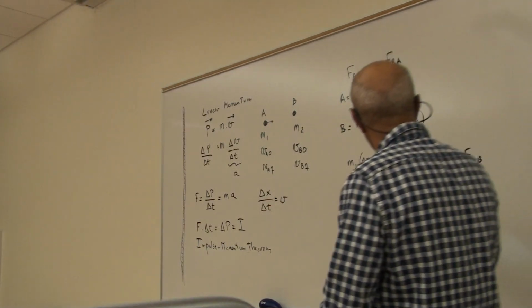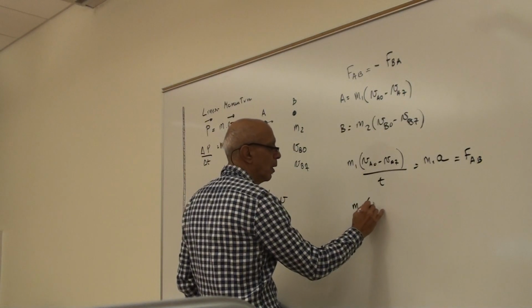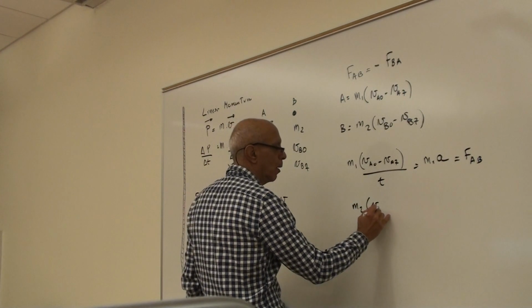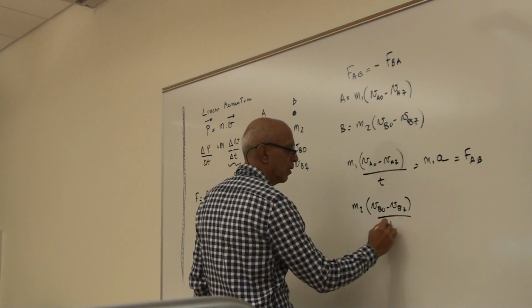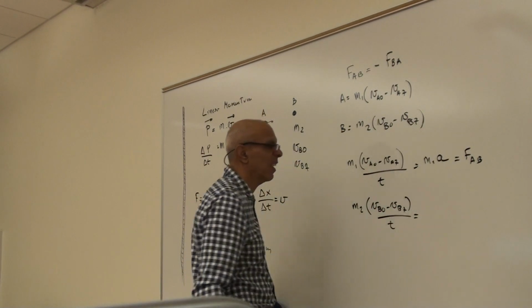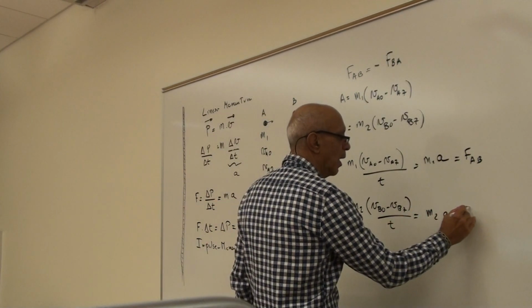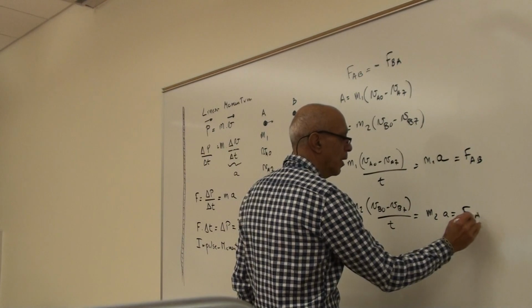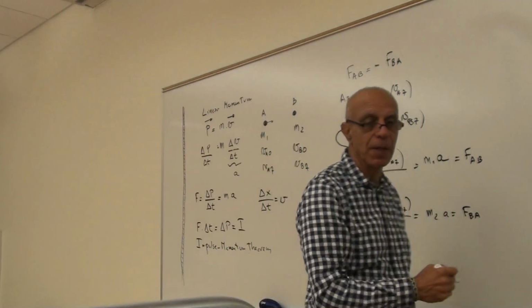The force of B on A is going to be M2 times VB0 minus VBF divided by the time, and that is M2 times acceleration of B, the force of B on A. Okay?